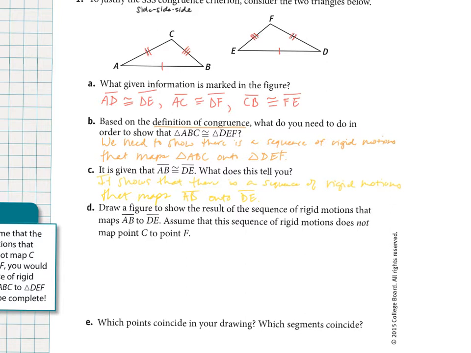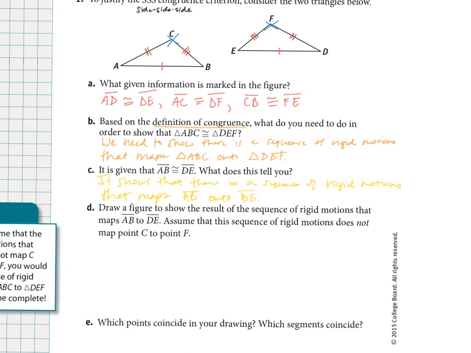That wouldn't work necessarily. And we also have to make sure point C is not on top of point F. So we can't have these 2 points on top of each other.